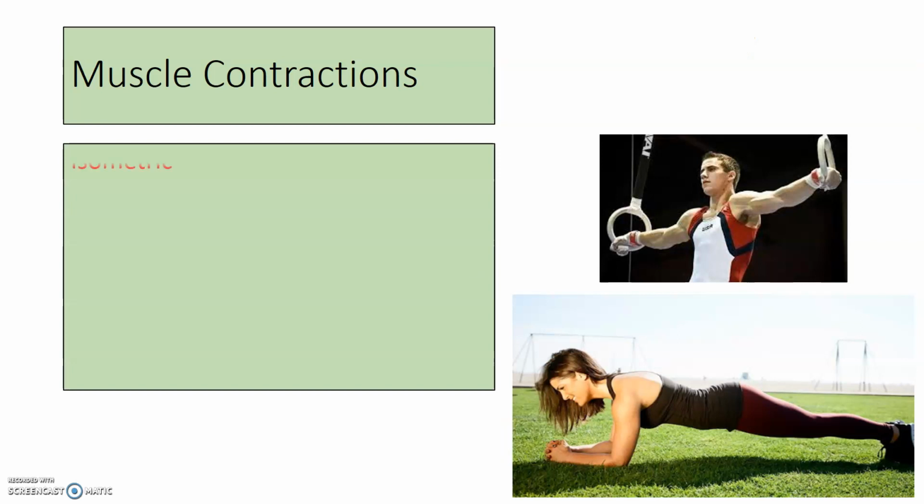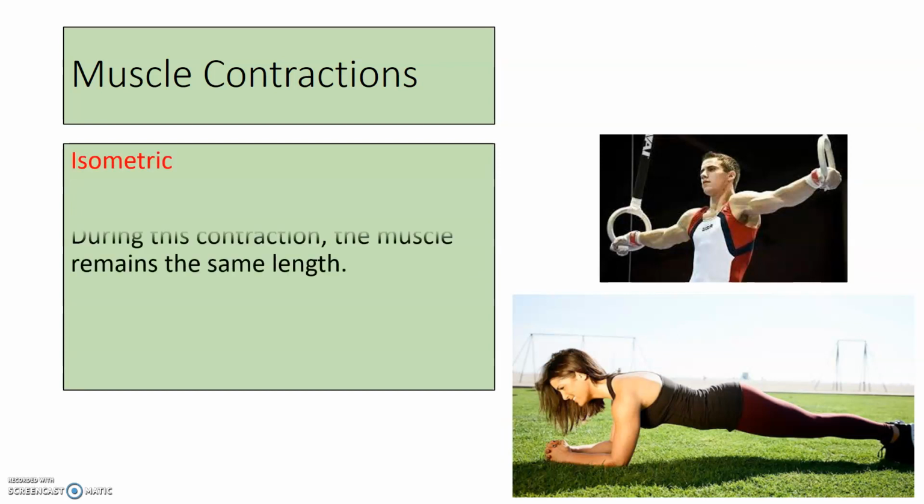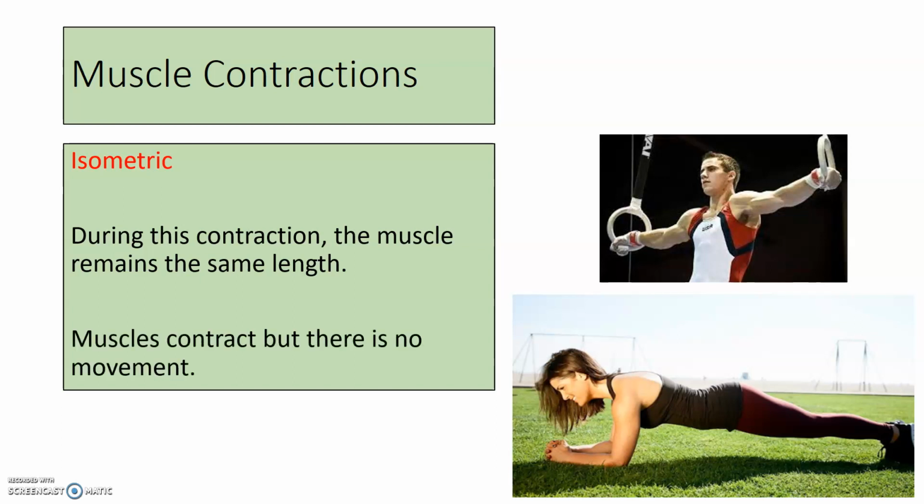The second muscle contraction that we need to know about is isometric, and during this contraction the muscle remains the same length, so it's still working but there's no movement occurring. Unlike in isotonic where there is movement. So muscles contract, but there's no movement. And you can see on the right-hand side, the gymnast in the crucifix position and the woman in the plank position.